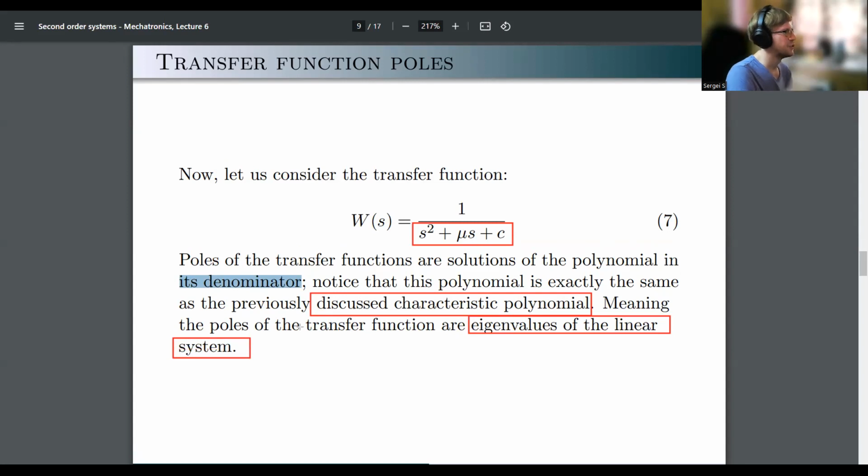So those three things: solutions to the characteristic polynomial of the ODE, eigenvalues of the state space representation of the ODE, and poles of the transfer function of this ODE, are one and the same. Mathematically the formulas for them would be exactly the same.